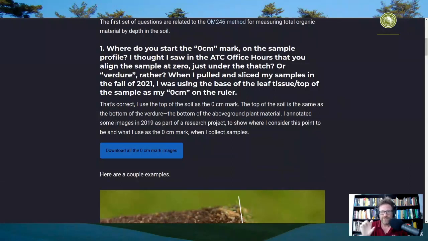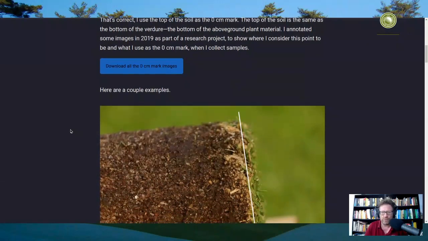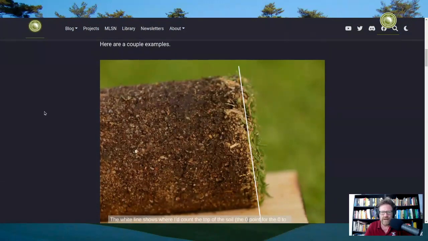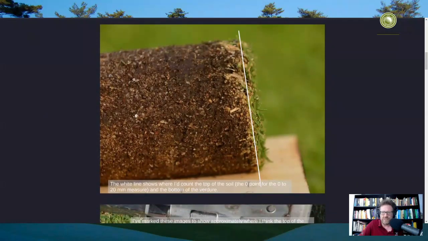If you have thatch, or if you have thatch and mat, I consider that to be part of the soil because I consider that to be below the plants. And so for me, I think these pictures demonstrate it. I put two of the pictures in the blog post, but I think in the document that I put for download, there were about 13 or 14 slides in which I described the removal process.